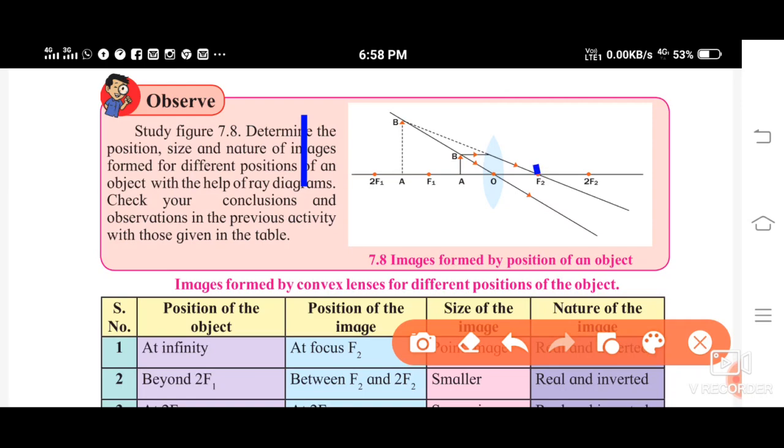How will be the image? The size of the image will be a point source, very small. And how is the nature of the image? It is real and inverted image. Now when you keep the object beyond 2F1, the image will be formed between F2 and 2F2.